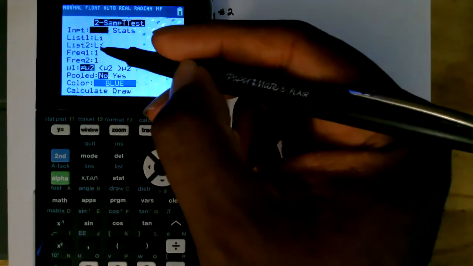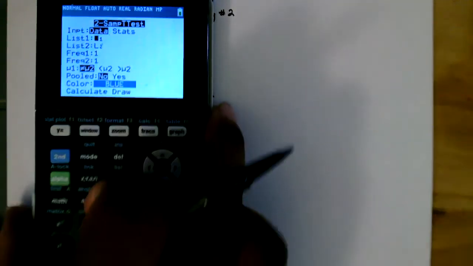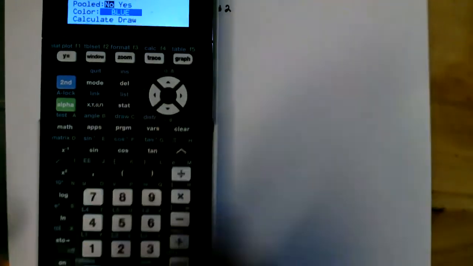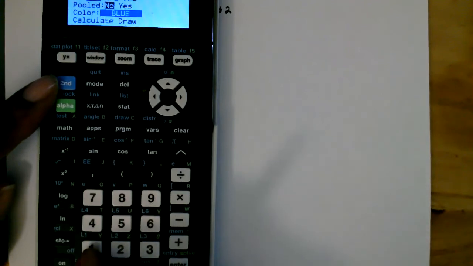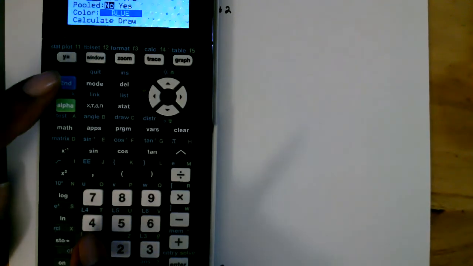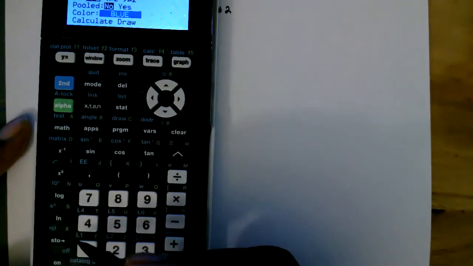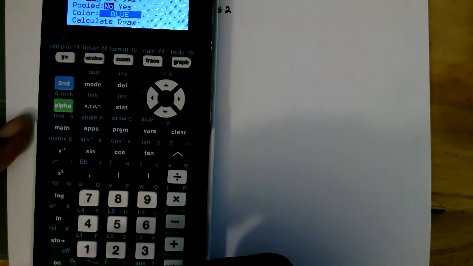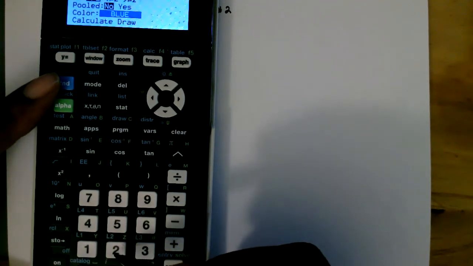For list 2, the default there is L2. Now, if you don't see L1 for list 1, what you're going to need to do here is this. There's a second key, which is this blue key, and then number 1. You press second and number 1, because right above the number 1 key is L1. And then for list 2, if it's not L2, then you must press second and number 2 for L2.